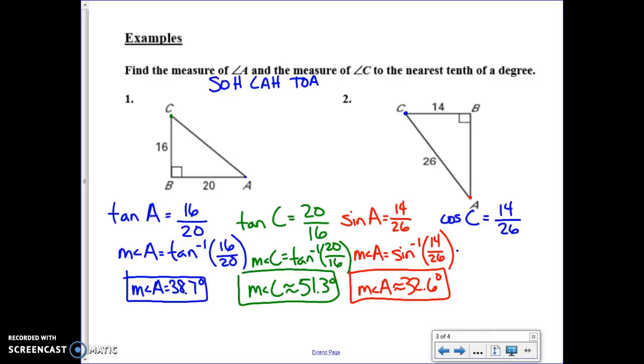Again, the measure of angle C is equal to the inverse cosine of 14 over 26. Put inverse cosine of 14 over 26 in your calculator. The inverse cosine is approximately 57.4 degrees.